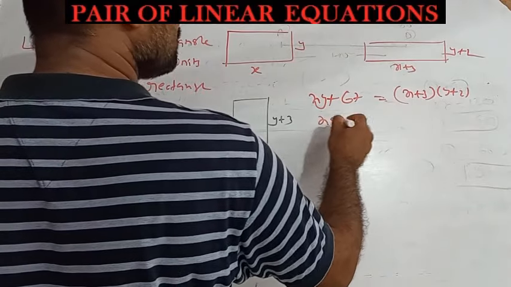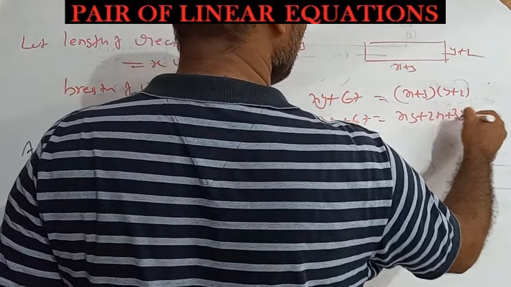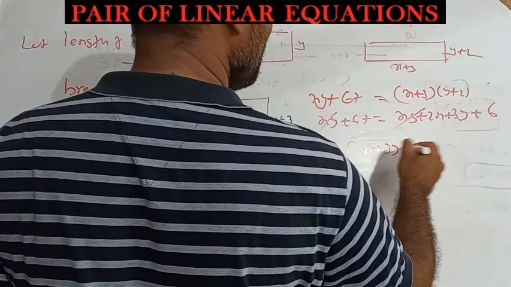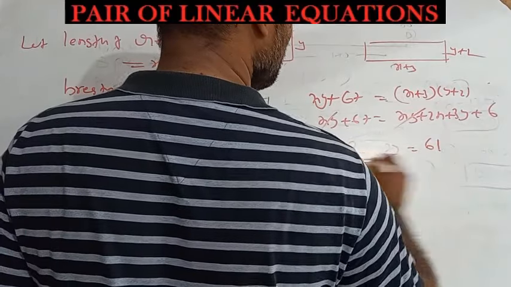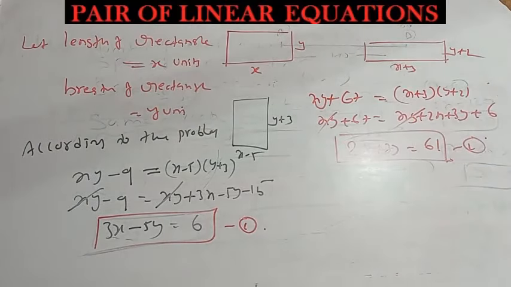So xy plus 67 equals xy plus 2x plus 3y plus 6. xy gets cancelled. 2x plus 3y equals 61. This is the second relation. Students, understood? Length is increased by 3, breadth is increased by 2, automatically area will increase. That area is 67 more than the older area. Older area xy, new area becomes xy plus 67.